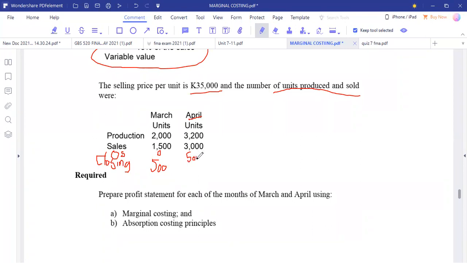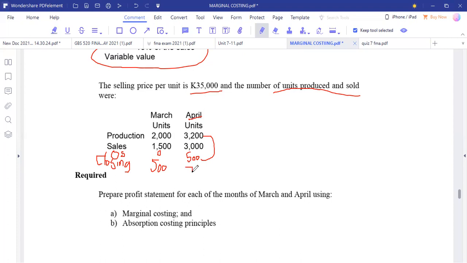All right. And then the 500 units that we opened with in April, plus the production of 3,200 units, we add the 3,200 plus the 500, that is 3,700, and then minus the sales of 3,000.